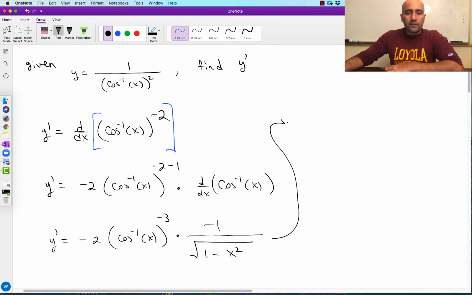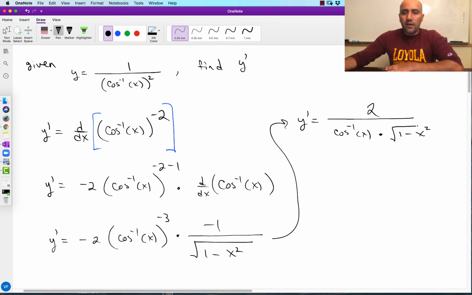So I'm going to bring this up here and say y prime equals a giant fraction where in the numerator I'll end up with a negative 2 times a negative 1, which equals a positive 2. And then in the denominator I'll have both of these two. So it'll be cosine inverse of x times this part, which will be 1 minus x squared inside a root.